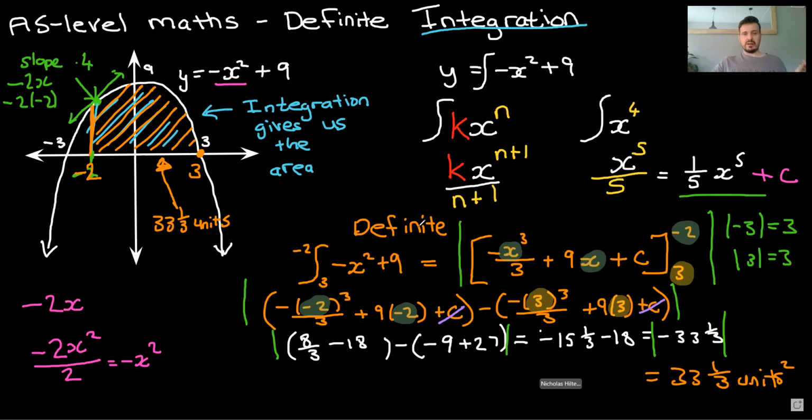That's the first step. And then when we find the definite integral, we can look at specific points on the graph between which we can find the area.